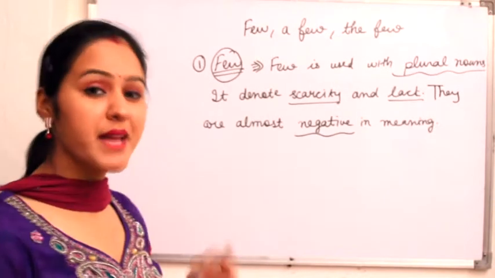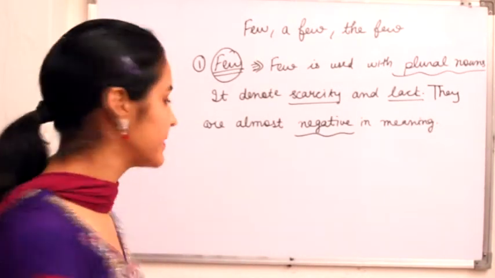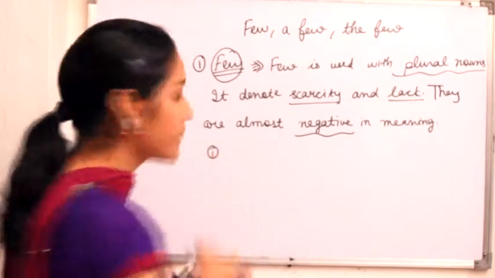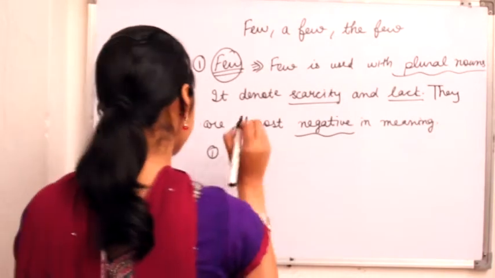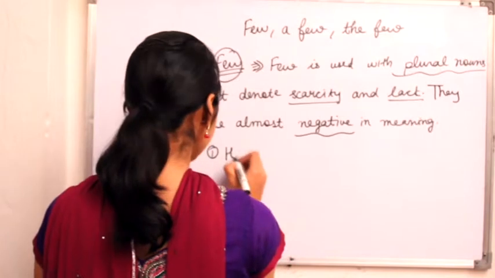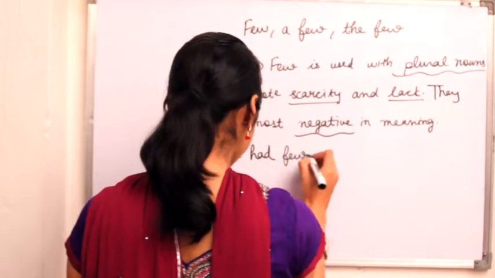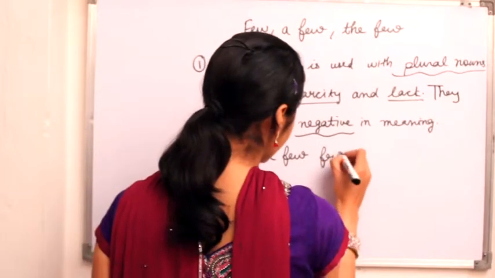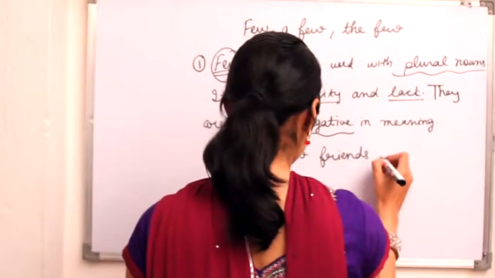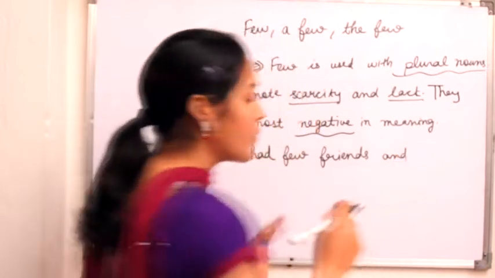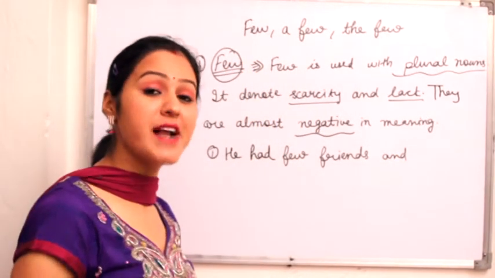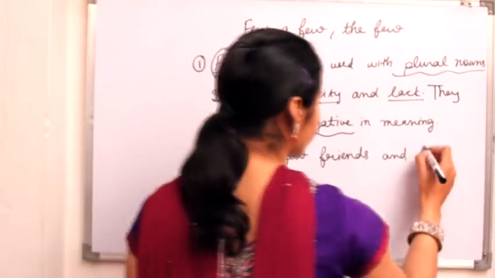And now I explain this with some examples. So here I write a sentence: He had few friends, and I added here he felt lonely.